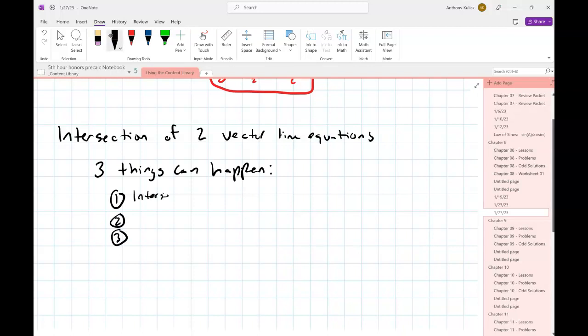Well, the simplest is they can intersect once, right? What else could happen though? They could be parallel, so intersect 0 times. And what's the third thing that can happen?